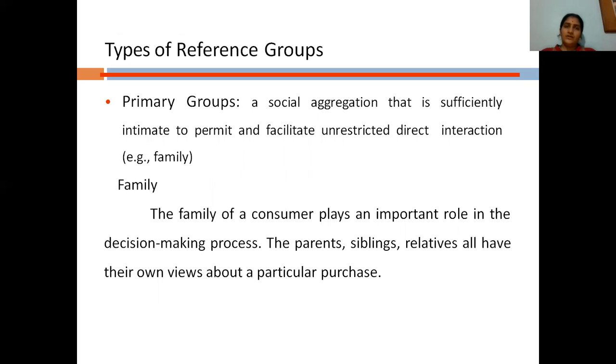Then under reference groups, let us see the types of reference groups. First, we have primary groups: a social aggregation that is sufficiently intimate to permit and facilitate unrestricted direct interaction. It is a social aggregation where we need not follow certain standard rules and regulations to join the group.